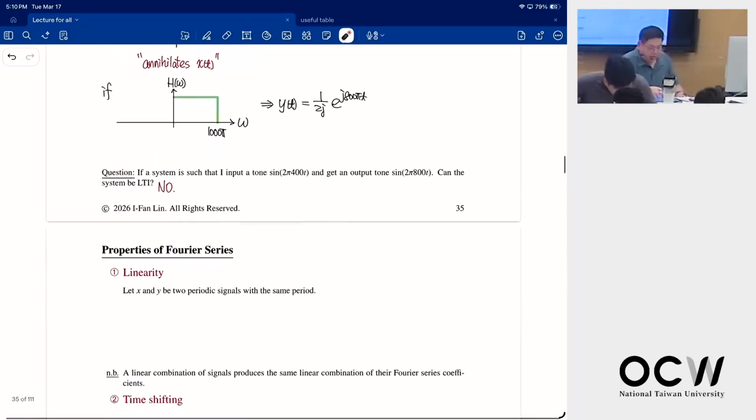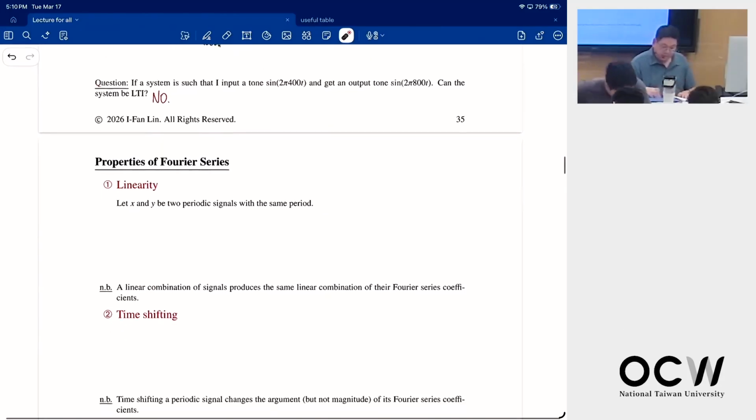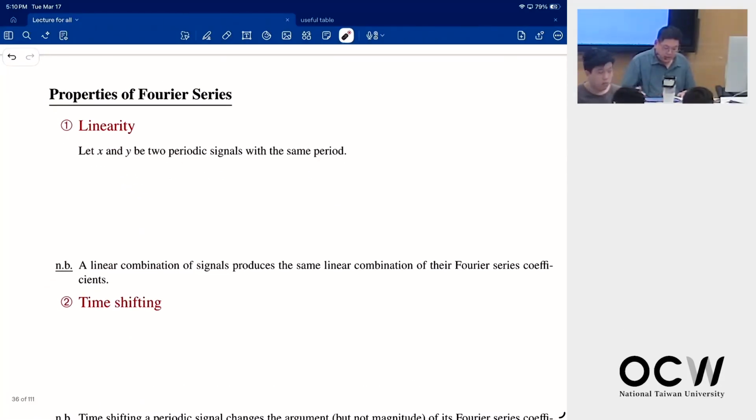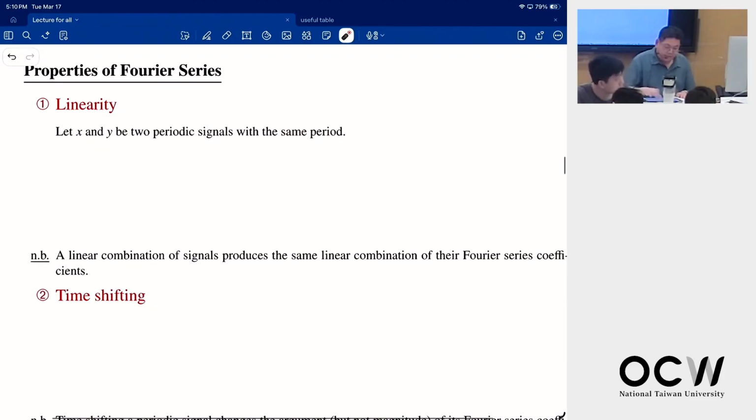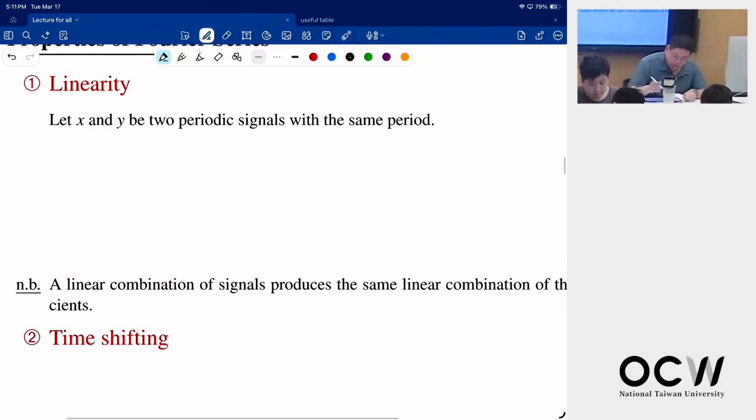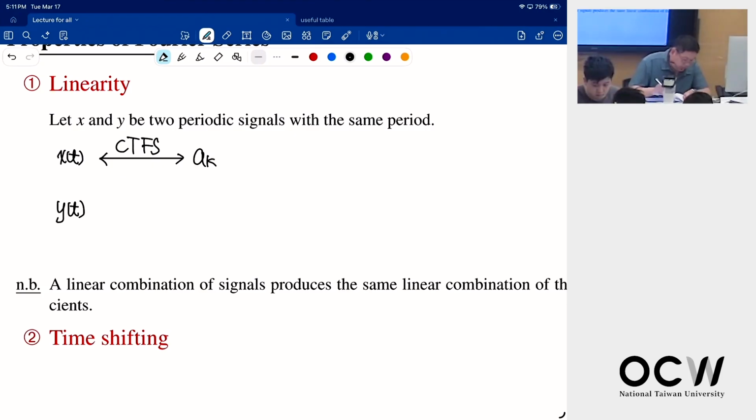And here are some properties for the Fourier series. Linearity first. X and Y are two periodic signals with the same period. For x of t, I will get the coefficient a_k. So this is continuous time Fourier series. And then y of t with the same period, CTFS, I have b_k as the coefficient.